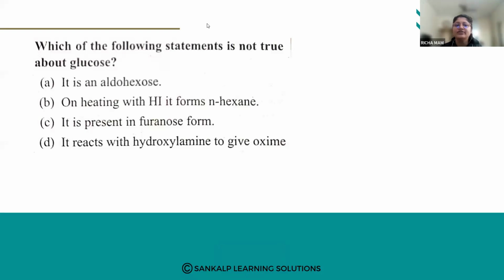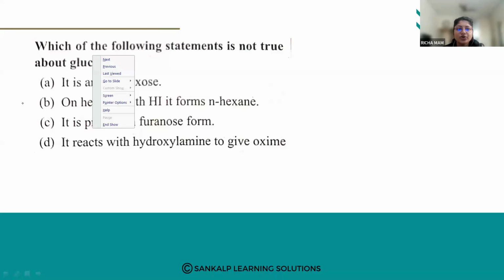B, on heating with HI, it forms n-hexane. C, it is present in furanose form. D, it reacts with hydroxylamine to give oxime. They have given you four options and asked which statement about glucose is not true.